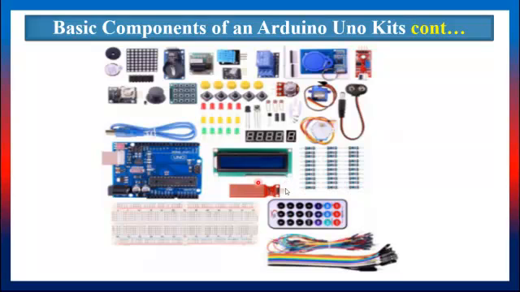We can see we also have resistors, LEDs, the LCD, which is the liquid crystal display screen, with which we can implement some simple robotics projects. We can see we have the servo motor and the rest of them. Then you can see the USB cable for connection, and then these other cables we call the jumpers, and one of the most important, the breadboard, which we use for prototyping.